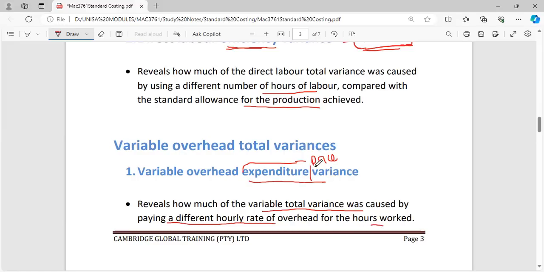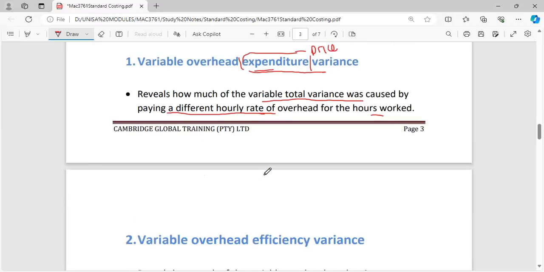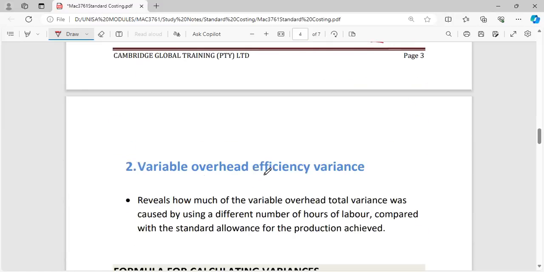So you can see we're still using the same thing. You are looking at what causes this variance to have a different hourly rate. So that's basically your expenditure variance. Then you should look at the question if it requires you to do efficiency. For efficiency, now we're looking at the quantity here.